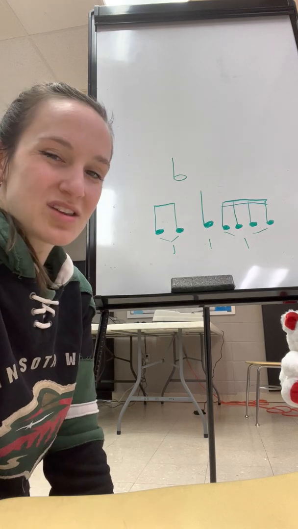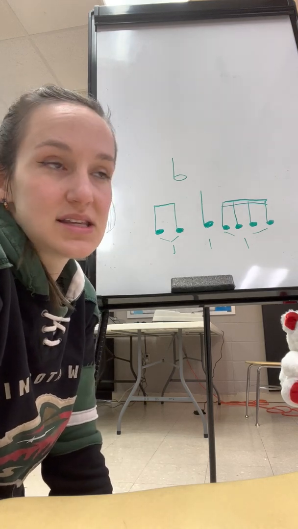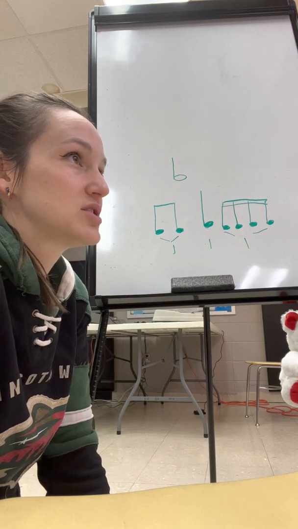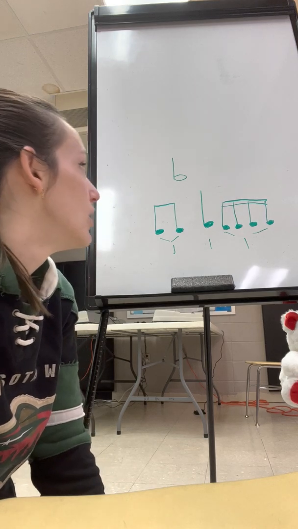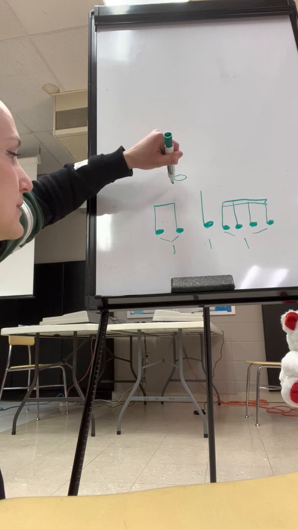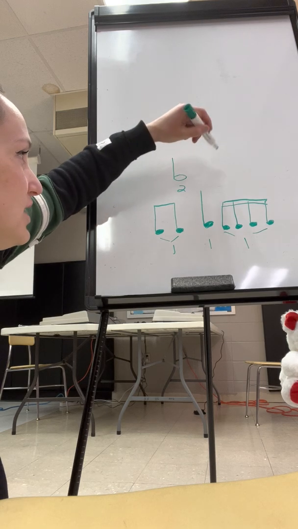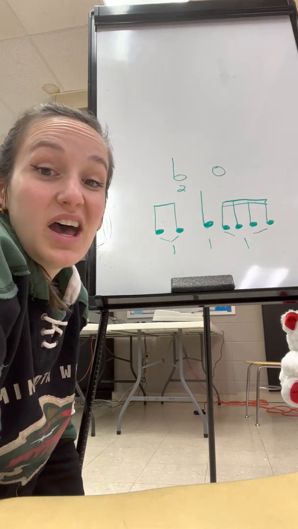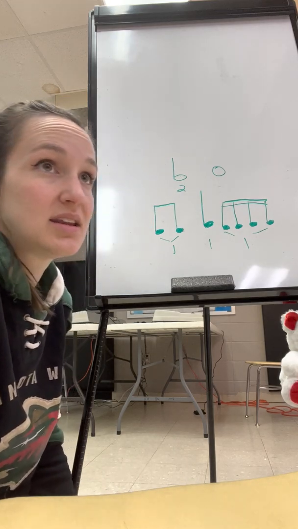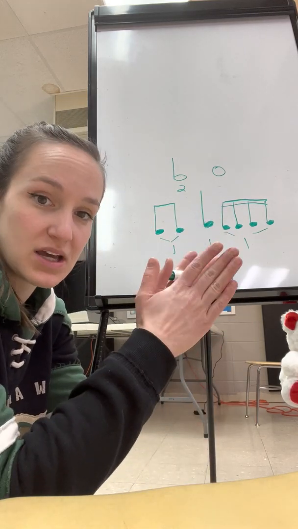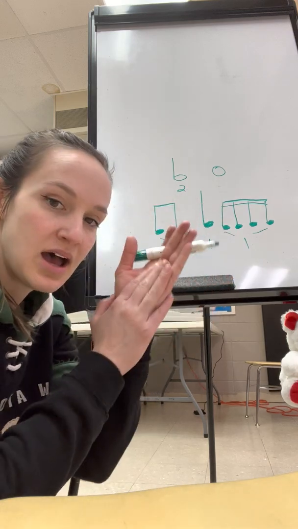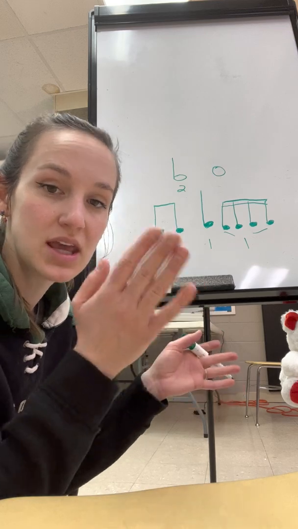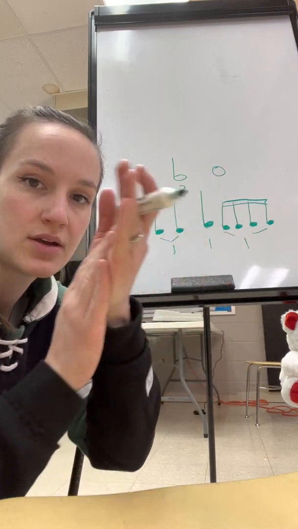Some of you guys could get fancy and put some dots places, but you don't have to, especially if I haven't talked to you about dots. So that's 2 counts right there. And then what I like to call a donut. A donut is a whole note, and the whole note is done like this. Ta. And then if you count that out in numbers, it's 1, 2, 3, 4.